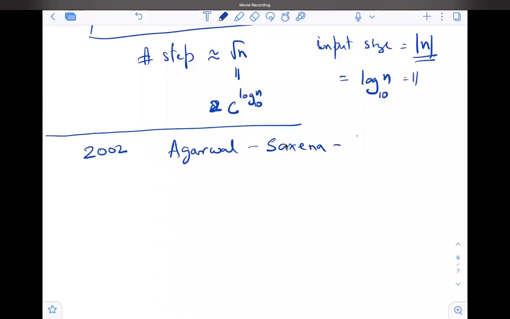Actually, I made a mistake here. It is Neeraj Kayal and Nitin Saxena. Kayal and Saxena were both undergrads at that time, and Manindra Agarwal was already a professor.